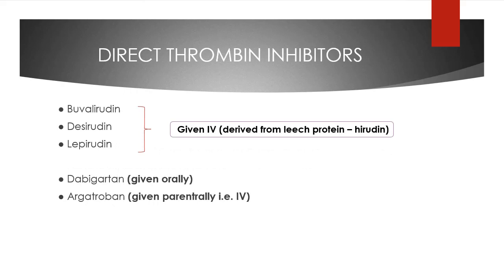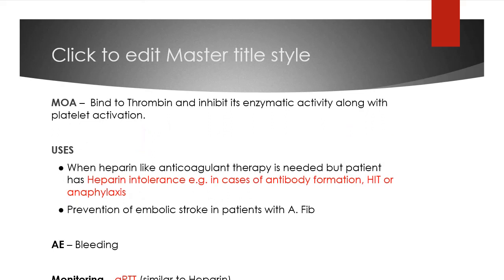Direct thrombin inhibitors such as bivalirudin, desirudin, and lepirudin, which are derived from leech protein hirudin, are given intravenously, whereas dabigatran is given orally. Argatroban is given parenterally too. Direct thrombin inhibitors bind to thrombin and inhibit its enzymatic activity along with platelet activation.